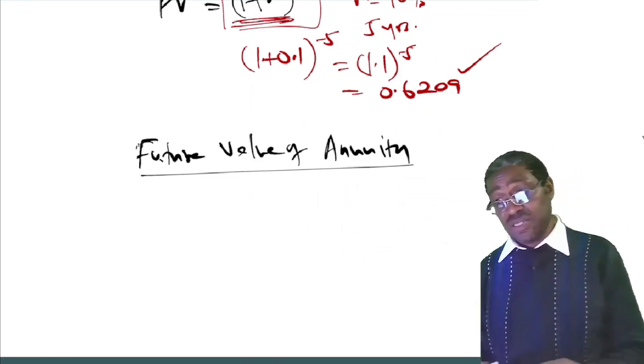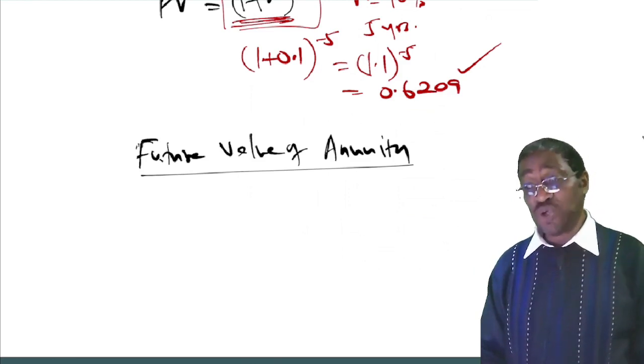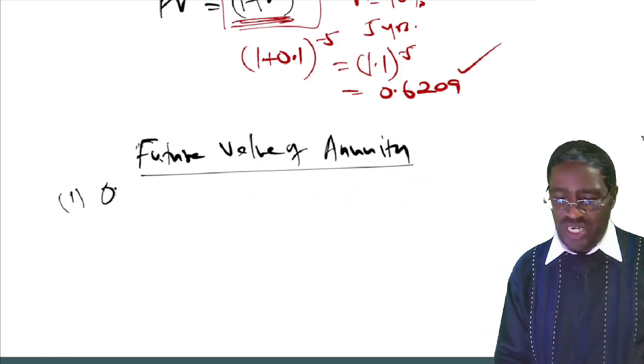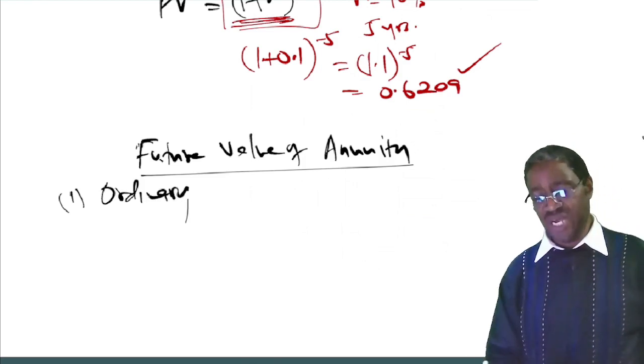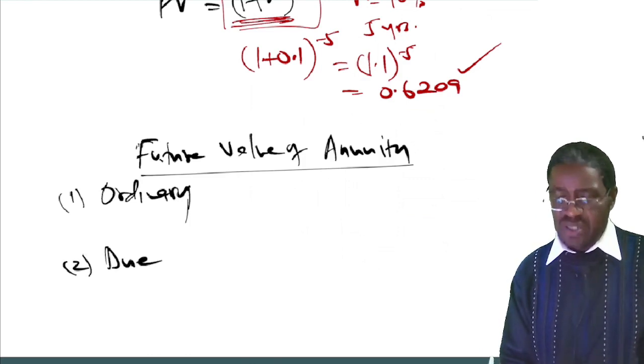And we said, this is just a reminder, there are 2 types of annuities. One is what we were calling the ordinary annuity. I hope you remember that. And number 2, what we were calling annuities due.